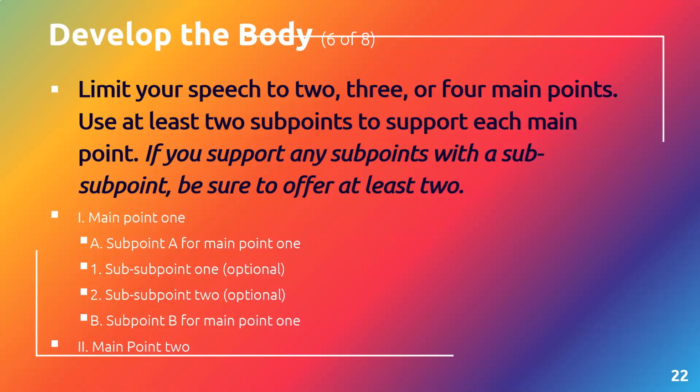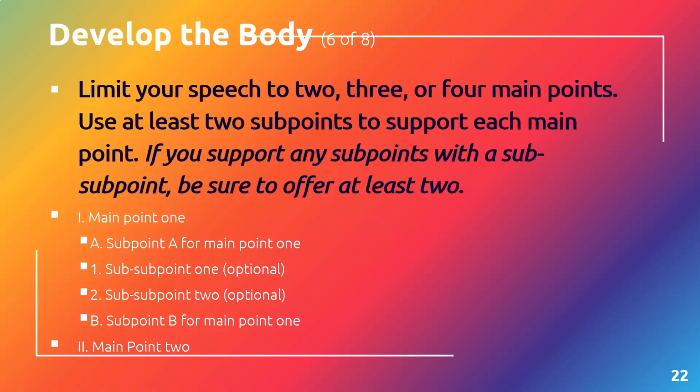You need at least 2 subpoints to support each main point. And then if you support any subpoints with a subpoint, you have to have at least 2 subpoints. So this looks a little confusing, but if you take a look at the speech outline template that I have on Blackboard, I think that'll become self-explanatory for you.